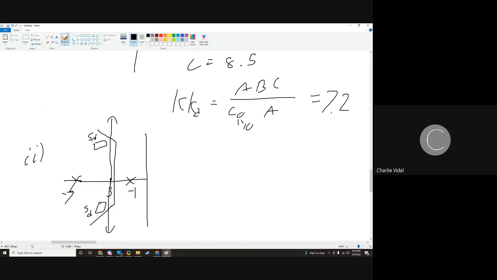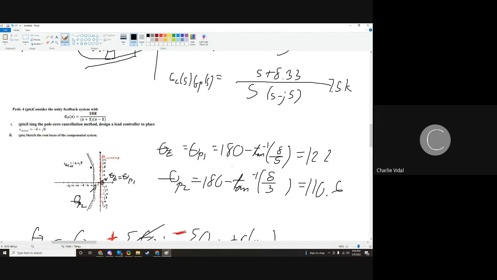I can try to attempt to see if I messed up somewhere, but the desired, hold on. Yeah, let's go back to this. S desired is -4, right? So this is at -4. Zero, yeah.